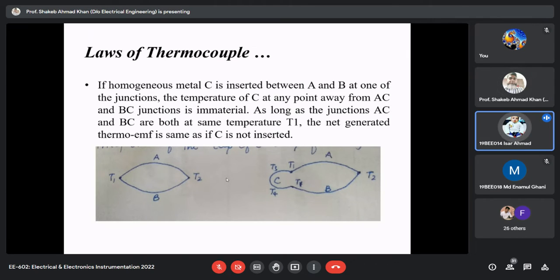Sir, this law is also related to the first law, na? This law is also related to the first law. Just a minute. I'm asking one thing, whether you are able to understand this law or not. Yes, sir, understood. It is related to the first law as well as the second law.